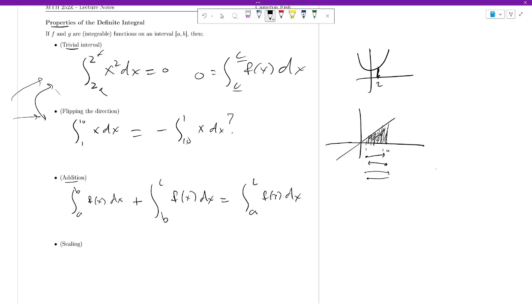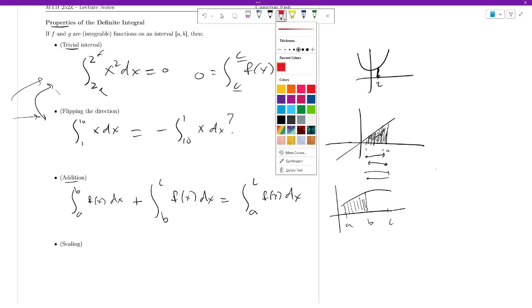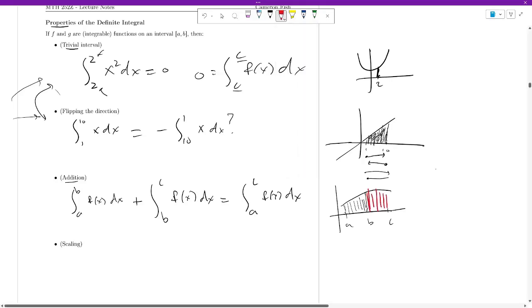Picture my function, here's A, here's B, here's C. If I integrate from A to B, that's that area, then I integrate from B to C, that's that area.